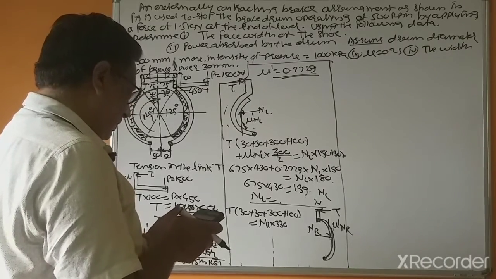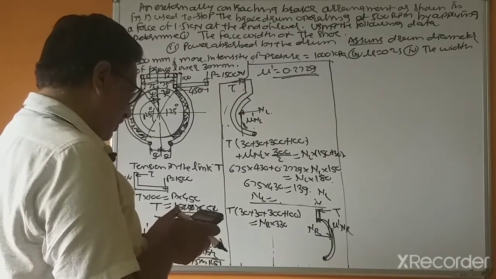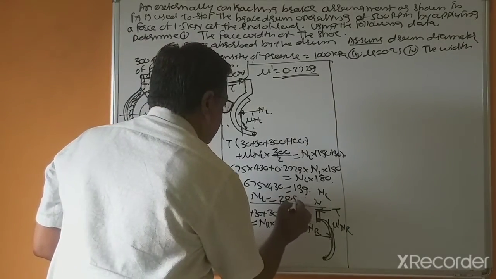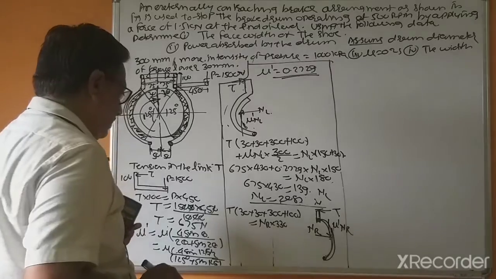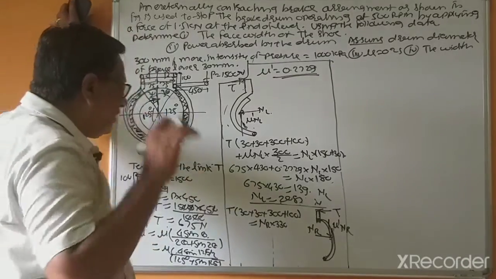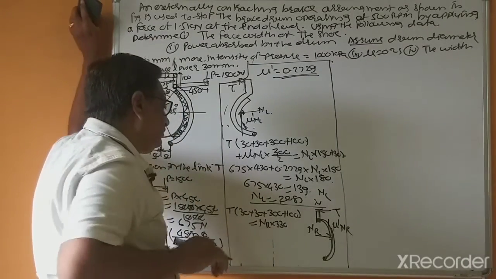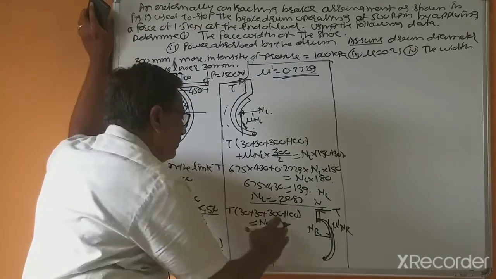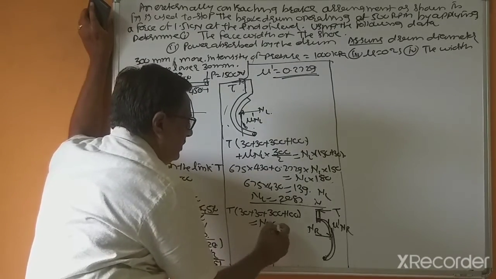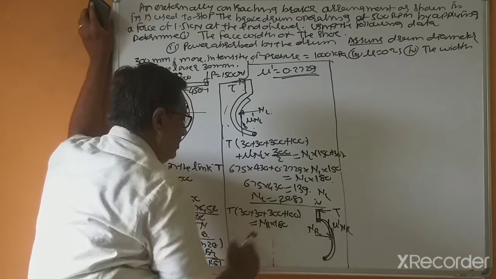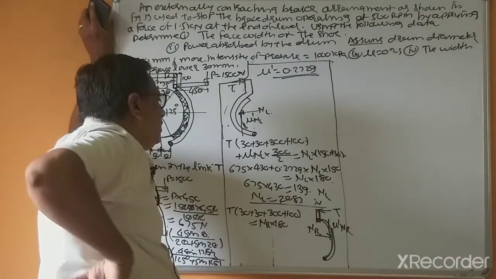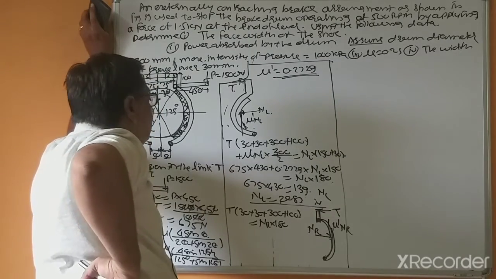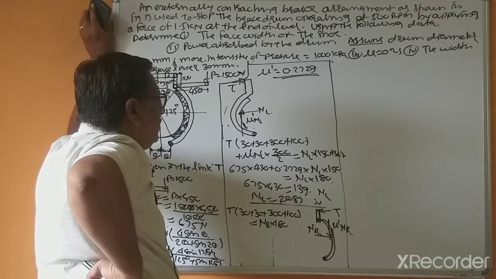675 multiplied by 430 equal to 2087. 2087 multiplied by this is 180. Or otherwise I did wrong.